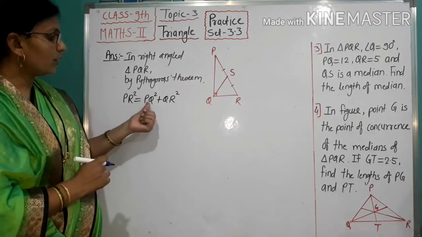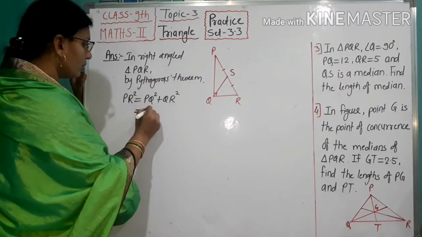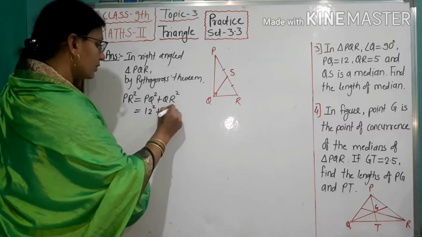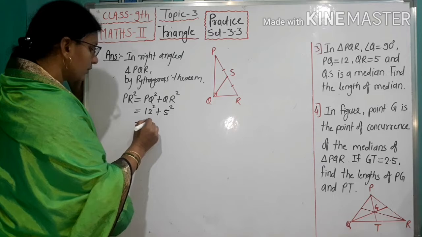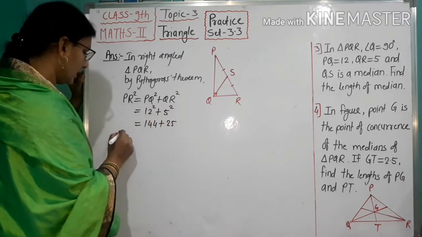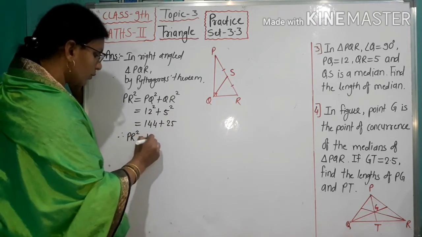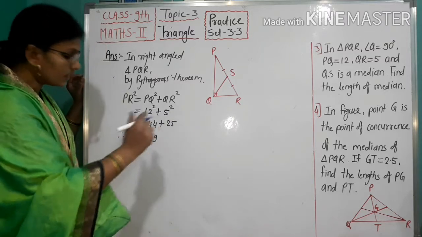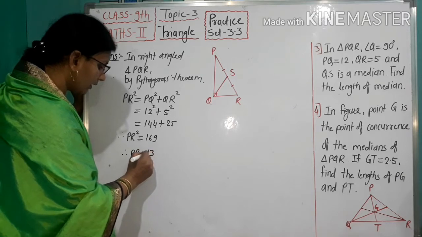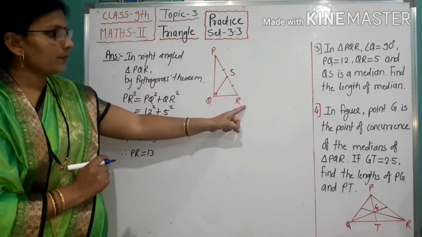Put the values of PQ and QR: PQ equals 12 so 12 square, QR equals 5 so 5 square. By solving this, 144 is the square of 12, this is 25. Therefore, PR square equals 169. Taking the square root, PR equals 13. This is the length of hypotenuse PR.